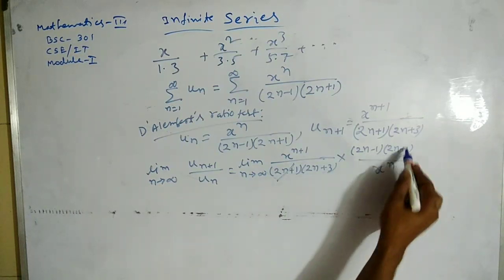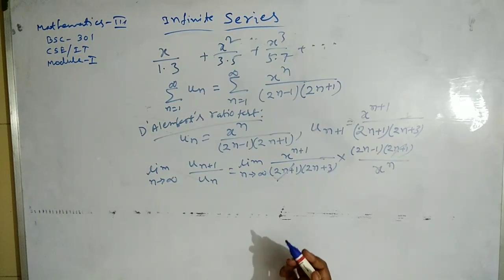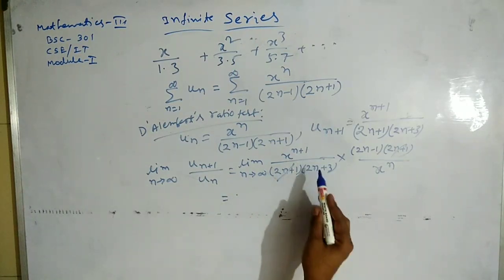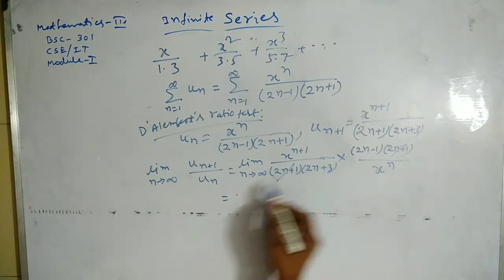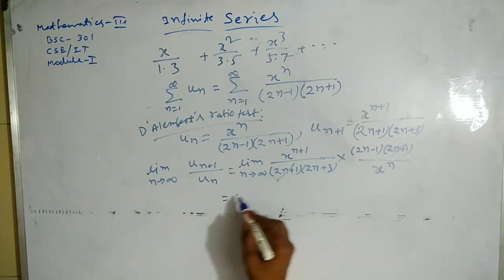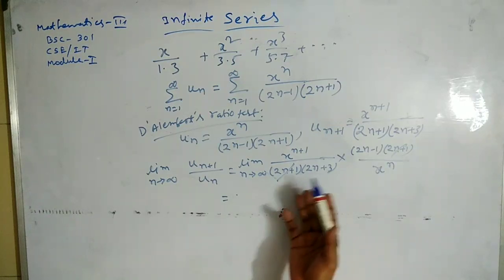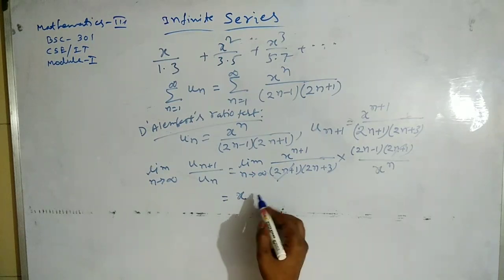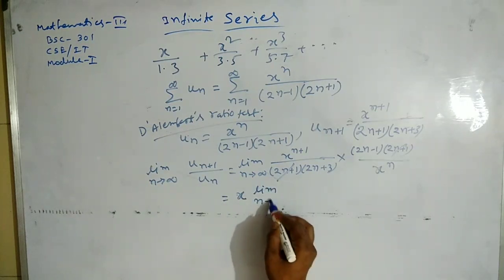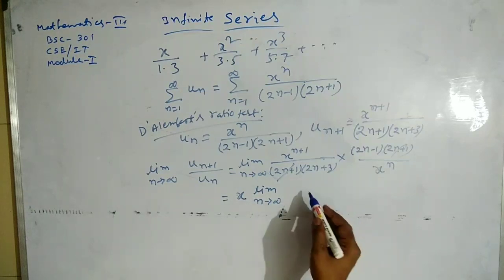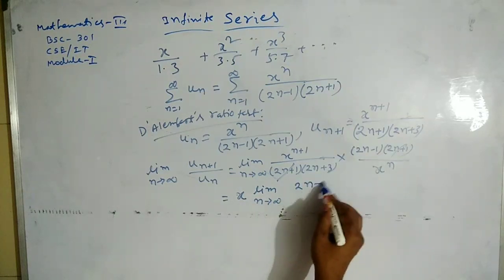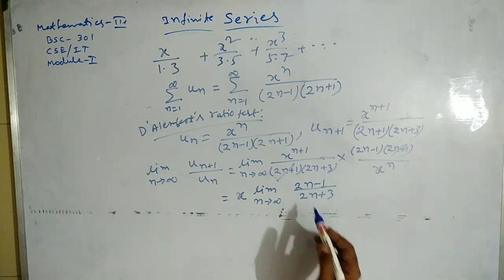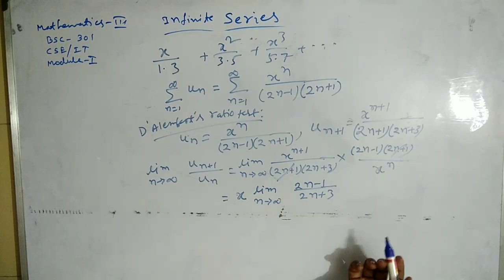So 2n plus 1 will be cancelled out, and x to the power n plus 1 and x to the power n, if we reduce it, will be only x to the power 1, and since there is no n, I can put it out of the limit. So limit n tends to infinity, x into limit n tends to infinity, (2n minus 1) by (2n plus 3). Now I am dividing by n in the numerator as well as in the denominator.